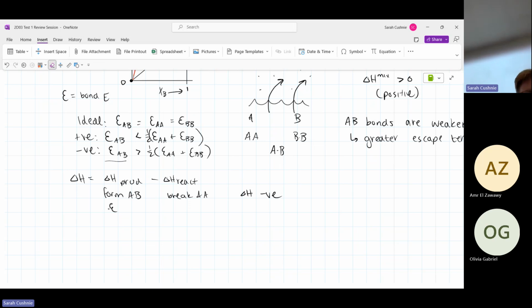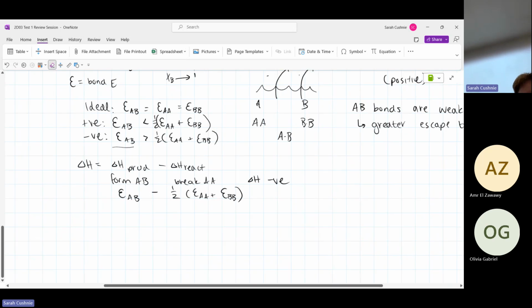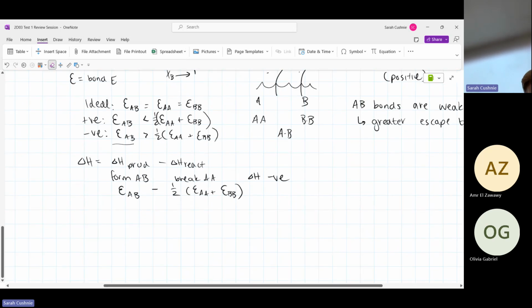So we're going to have EAB minus 1/2 (EAA plus EBB). This is all negative, but if we can just deal with this being positive, for example, then if we know that this is bigger, magnitude-wise, we're going to have a negative overall delta H, because remember, this is a negative value.